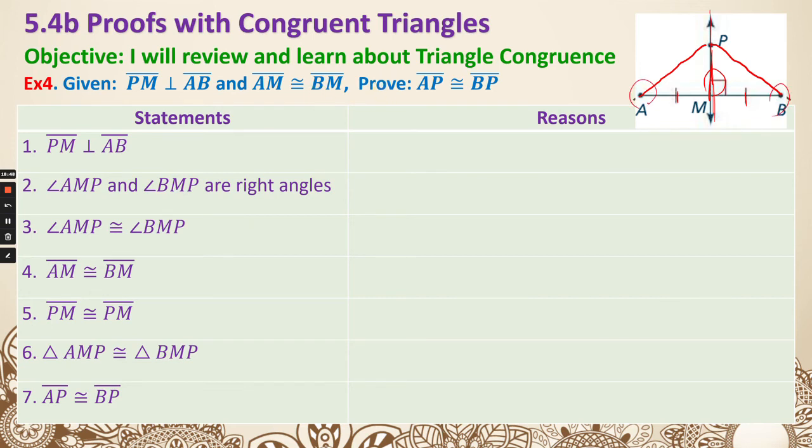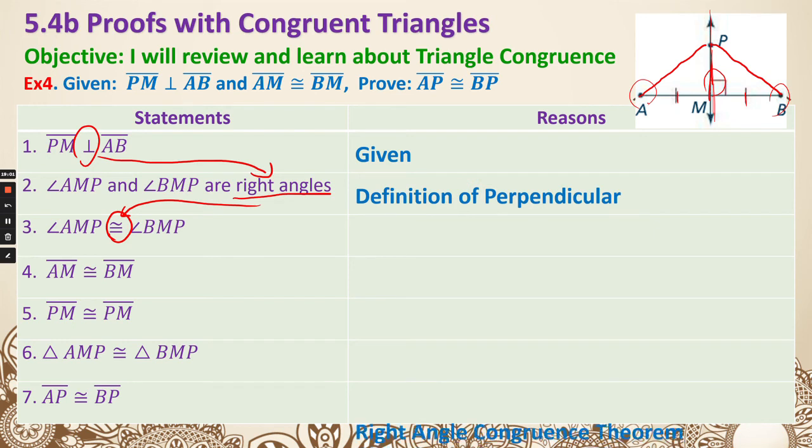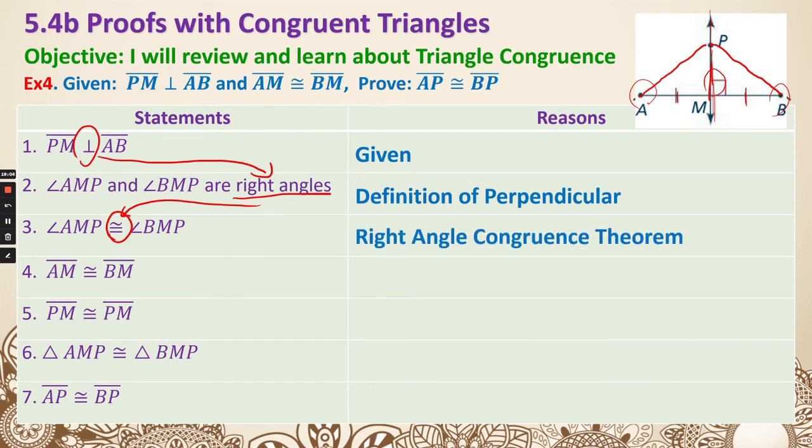So first, that is given, and then because of that, again, perpendicular, right angle, and then congruent. That is the process. Given, the definition of perpendicular, the right angle congruence theorem. After that, we have another given, and PM itself, they're the same. That is the reflexive property.